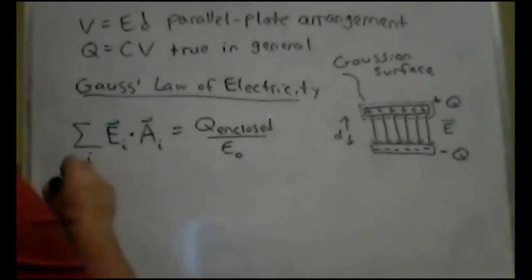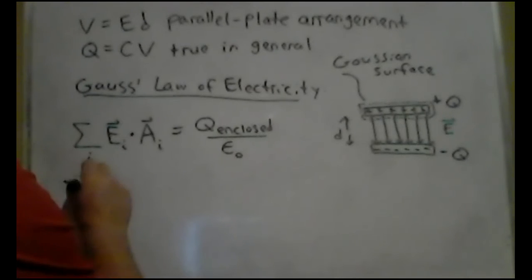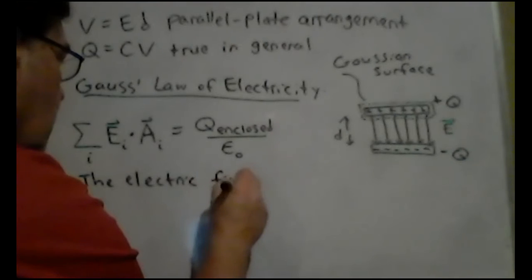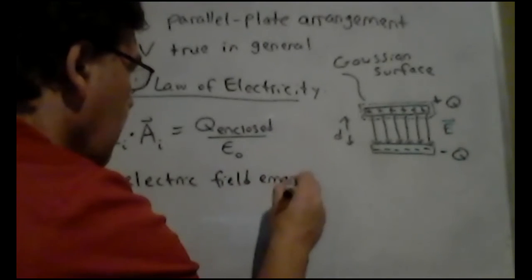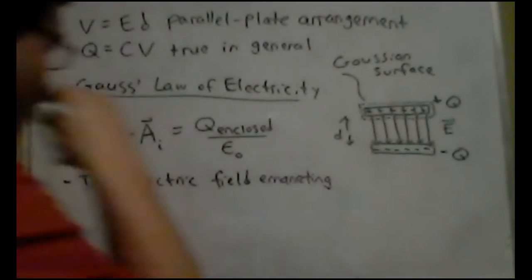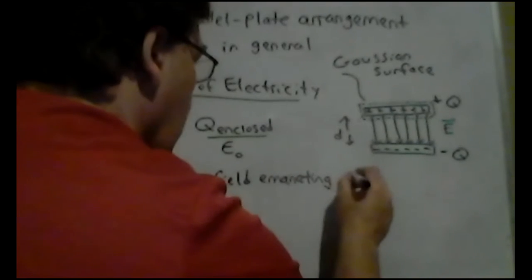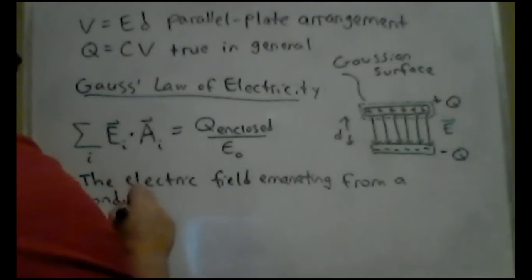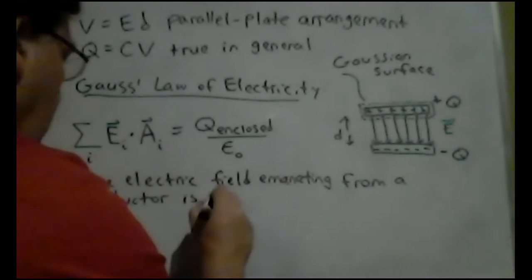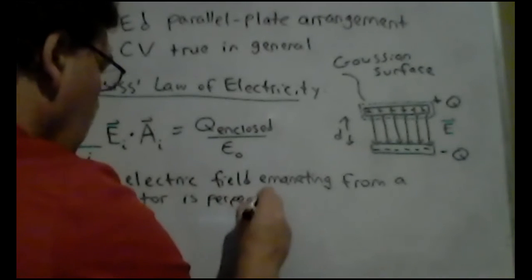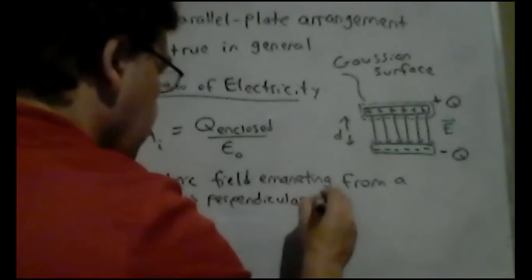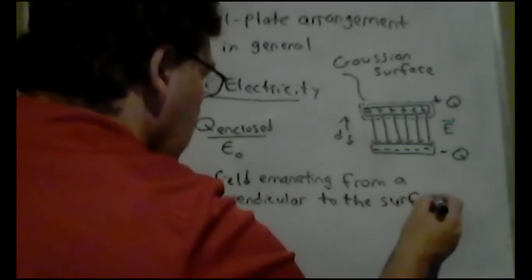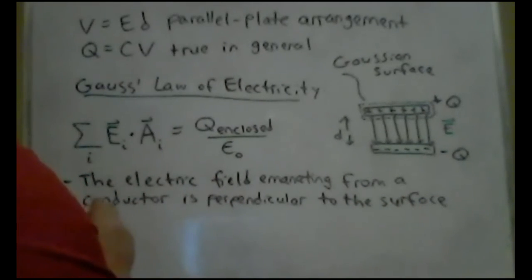First of all, the electric field emanating from a conductor is perpendicular to the surface of the conductor. That's always true for a conductor.